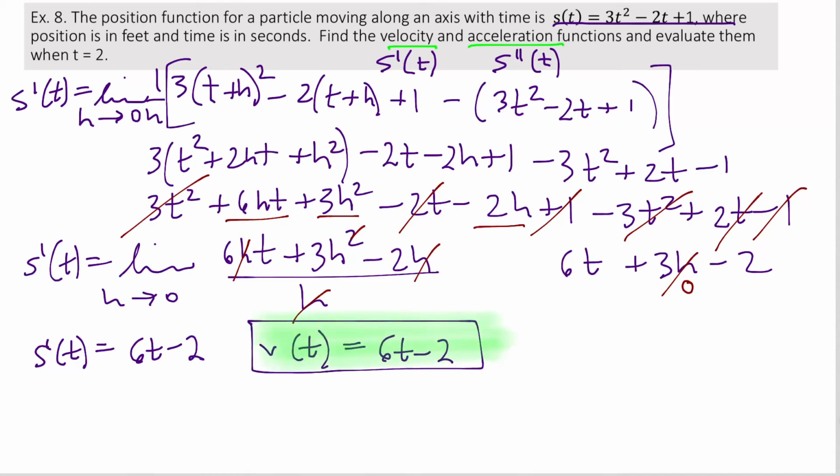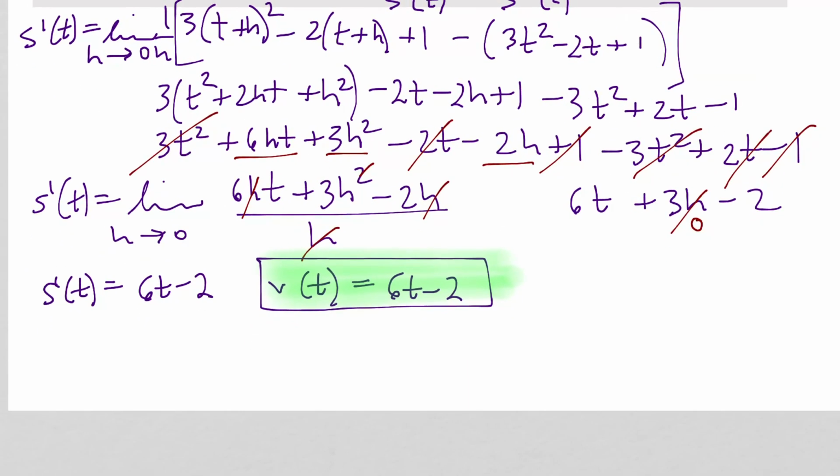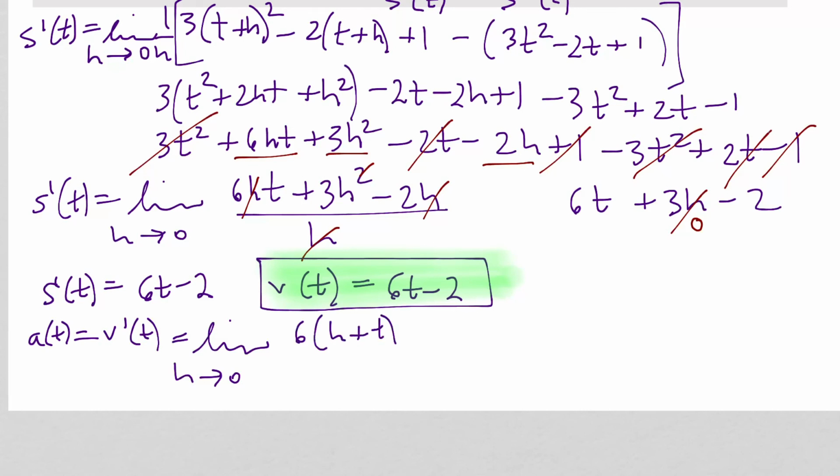Now we want to find the acceleration function, so we have to differentiate v of t. So a of t is equal to v prime of t. So we've got the limit as h approaches 0. Now I'm working with 6t minus 2, so I've got 6 times t plus h minus 2, minus v of t itself, which is 6t minus 2, all over h.